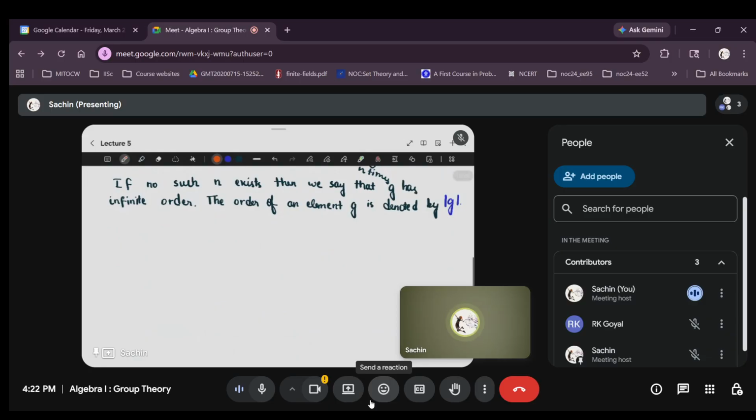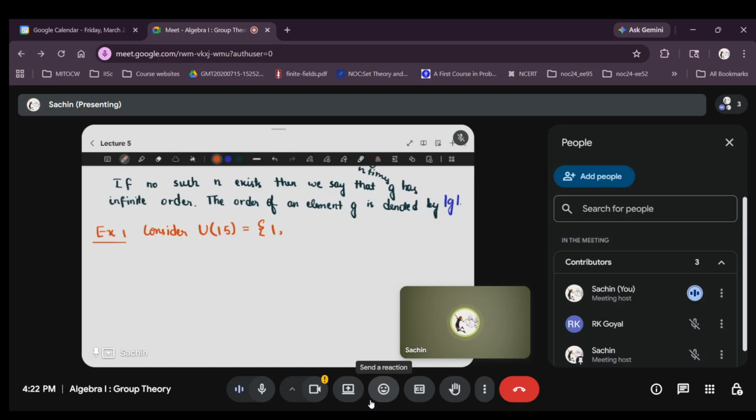For example, consider U15, which is all the numbers greater than or equal to 1 and less than 15 and relatively prime to 15.